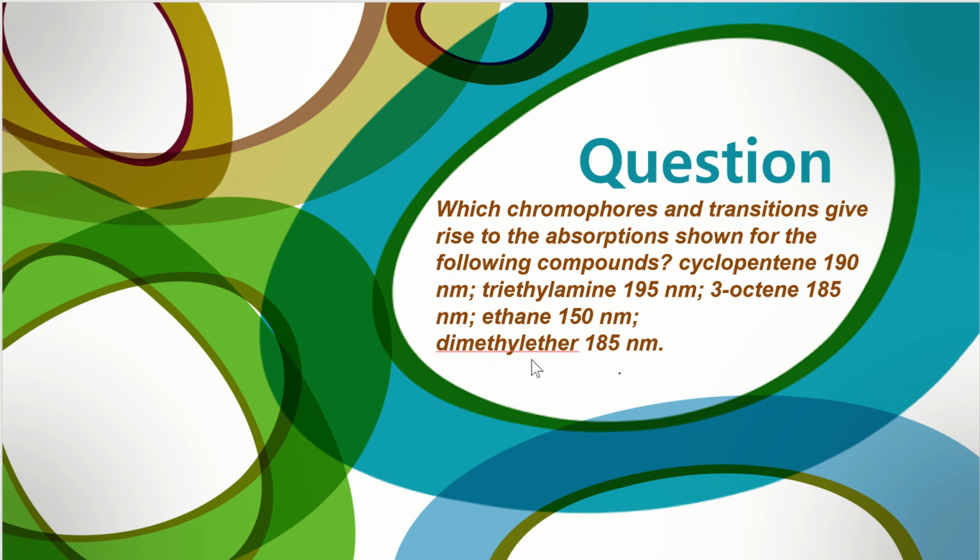So what you want to do is to just try to draw these compounds and then essentially tell me which transition gives rise to the wavelength seen here. So pause, try to answer it before you listen to the answer.